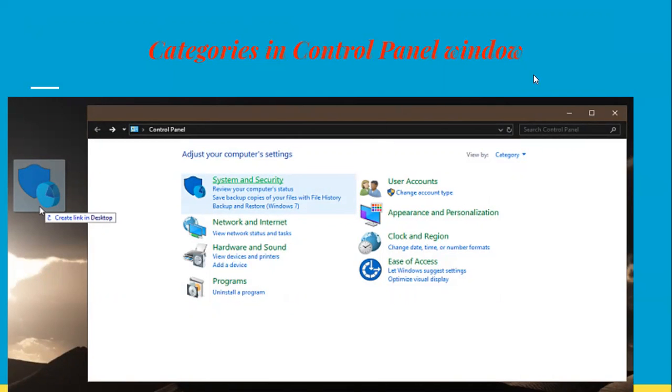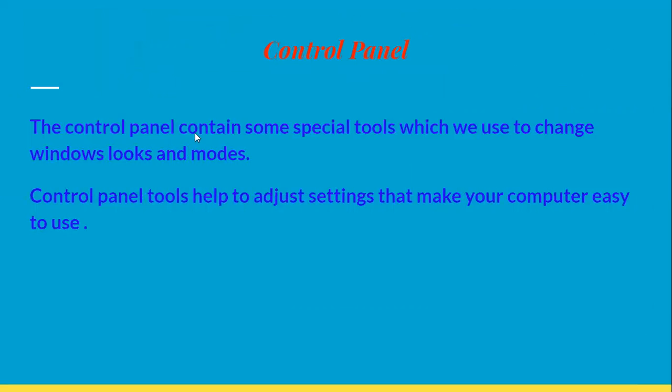So now first of all we will study something about the control panel, that what we can do in the control panel. The control panel contains some special tools which we use to change the window looks and modes. Control panel tools help to adjust settings that make your computer easy to use.